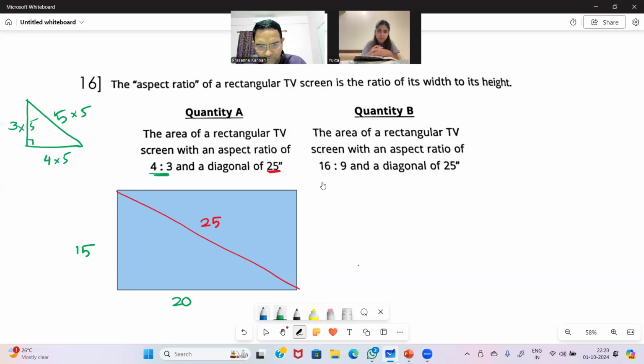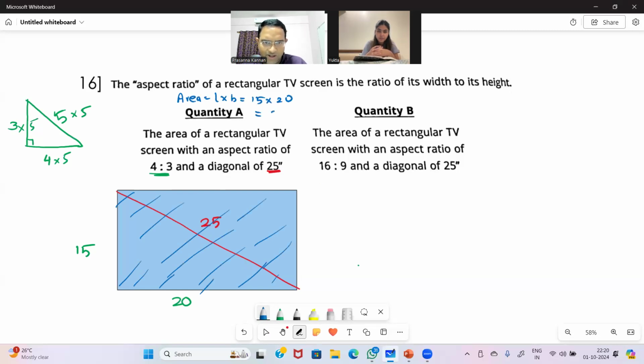So the area of the screen right now is going to be this whole thing, the area of the rectangle, correct? So area is going to be 15 into 20, length into breadth. So quantity A is nothing but 300. Is it clear?